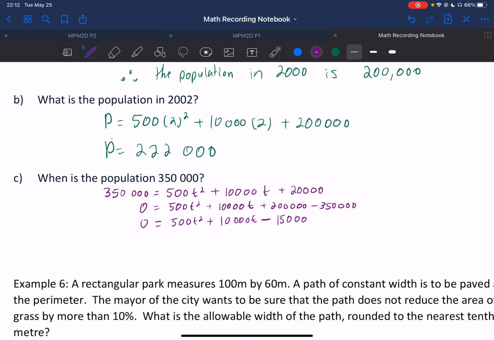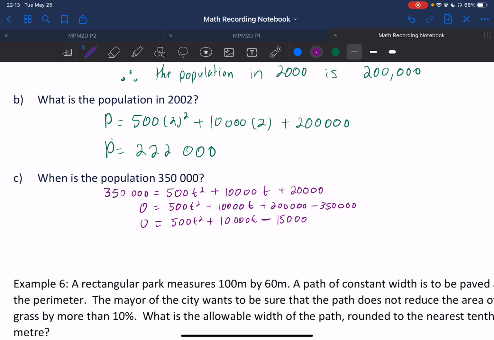What we're solving for is our zeros. In this case, we could go and do the quadratic formula, but these numbers are ridiculous. I have a sneaking suspicion that if we are to take out the greatest common factor, we might find that this is a very nicely factorable equation.